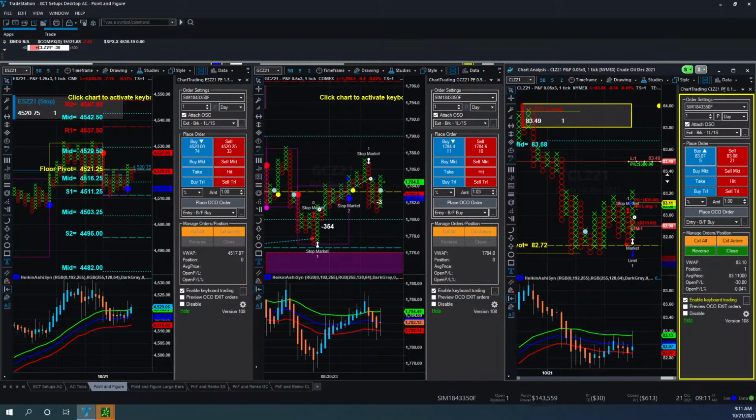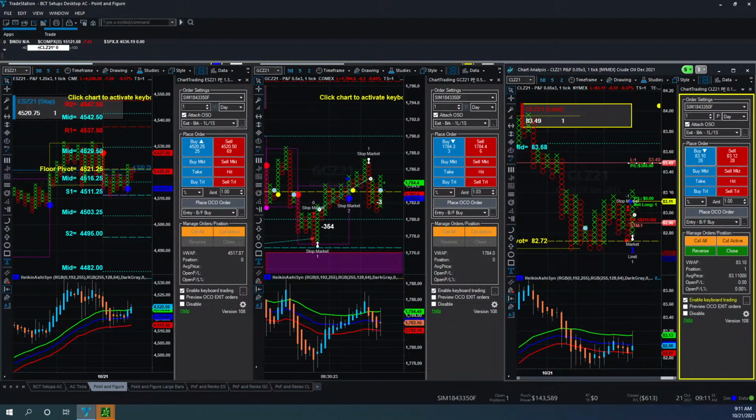I think that crude can go. Doesn't look. It's choppy.